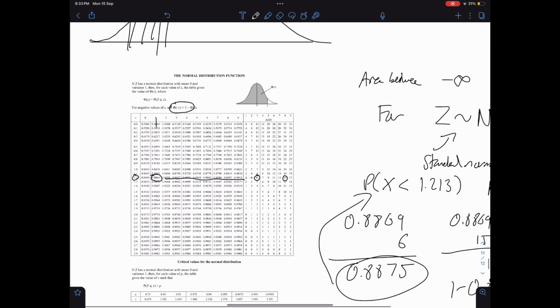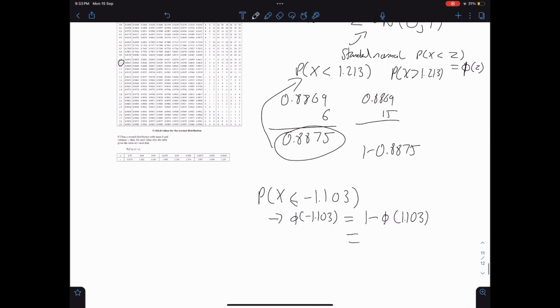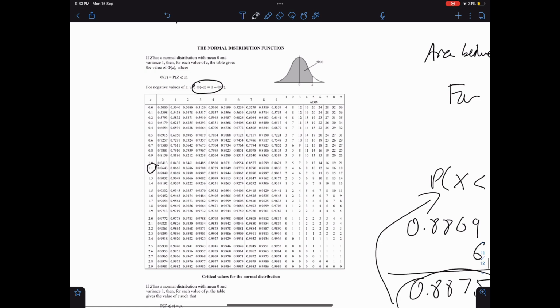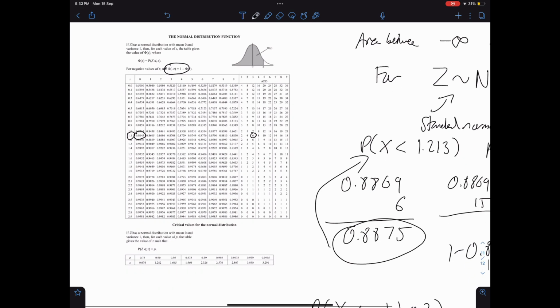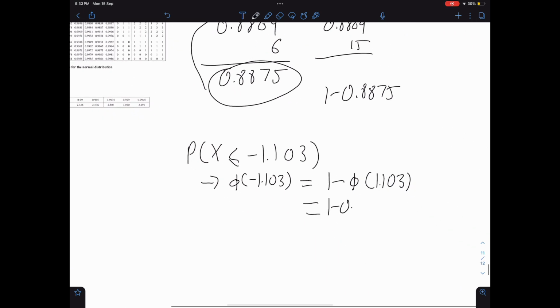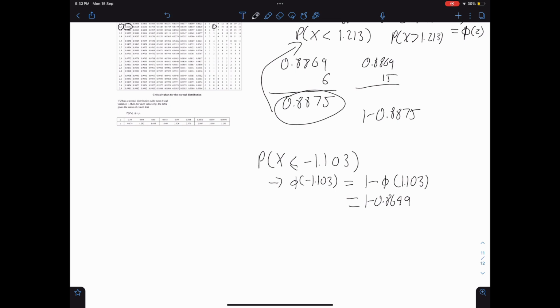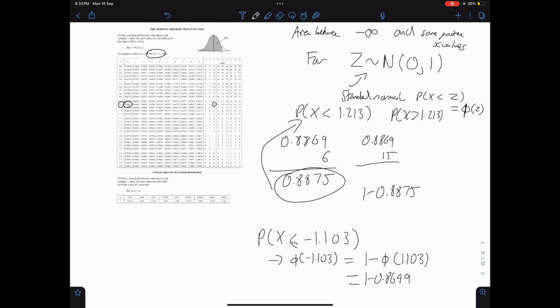So then let's practice with our z's. I'll rub this out so we can do this a bit easier. 1.1, then we do 0, then we need to add 3. So it becomes 0.8649. And then if you evaluate that, you get the answer. The reason why this works is because the normal distribution curve is symmetrical.